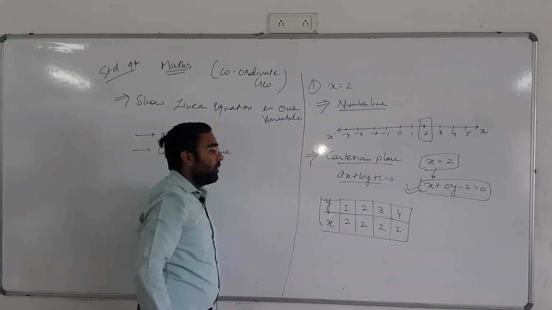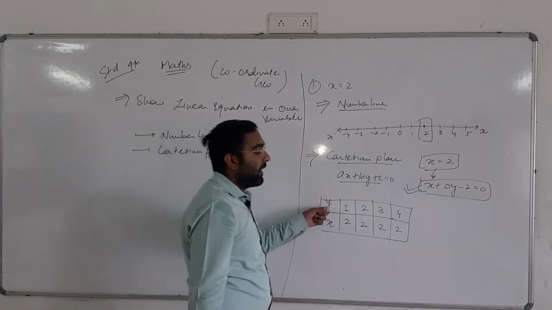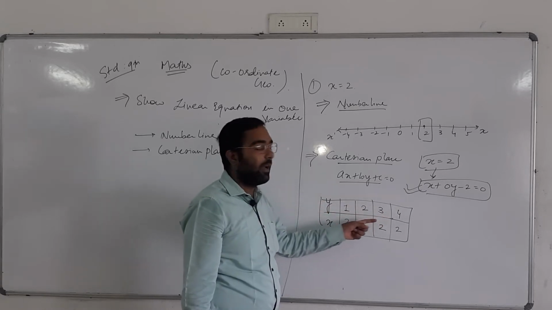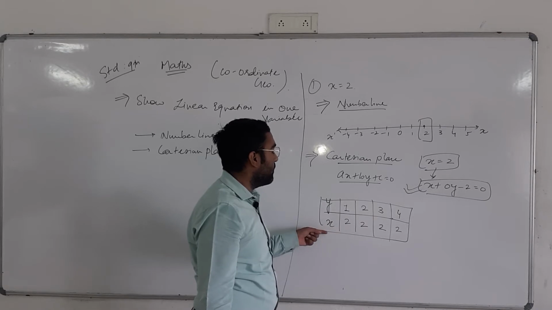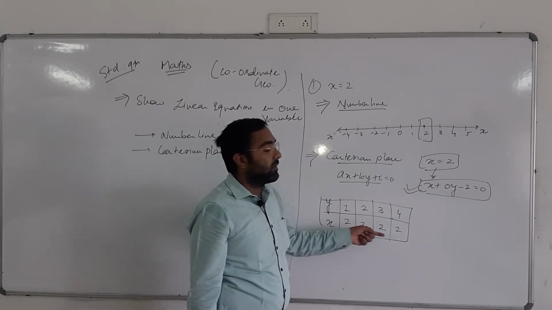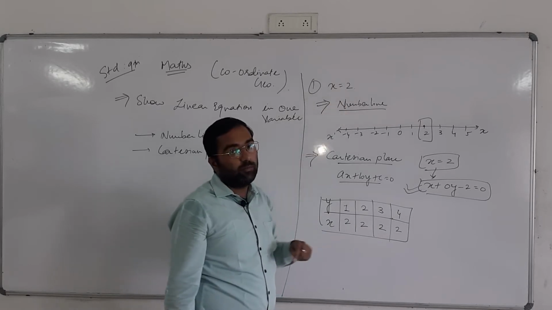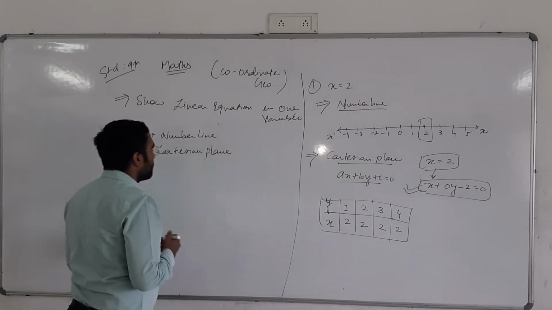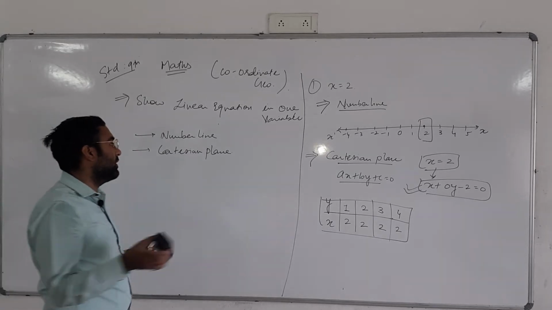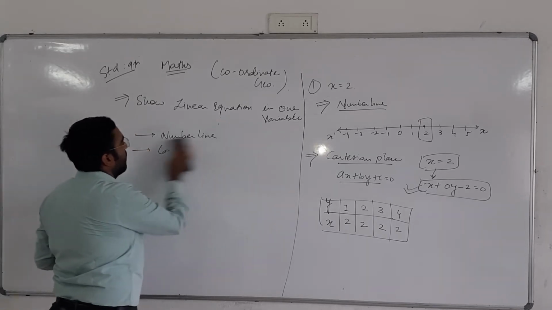For the value of y, you can take any values, and you obtain the value of x similar to the question. You get the values of x similar to the question.